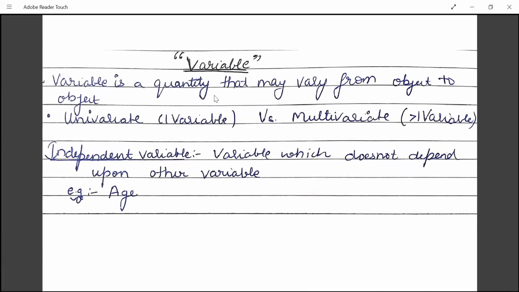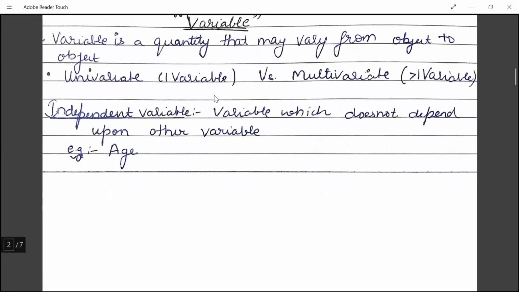So to differentiate between the two, suppose smoking causes lung cancer. So lung cancer depends upon a variable which is smoking. So lung cancer is a dependent variable, whereas smoking is an independent variable.